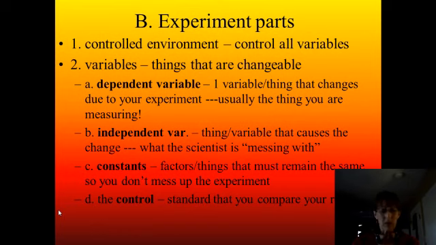So in our rat experiment, we would have some rats that we nuked, and then we would have some other rats that we didn't do anything to, but they were in the same environment, they had the same kind of food, the same amount of food, and we're going to make them push that wooden block across the floor just like the other rats, right? So we have normal rats that haven't been nuked, and we compare them to our scientifically manipulated rats where we nuked them in the microwave for 10 seconds.